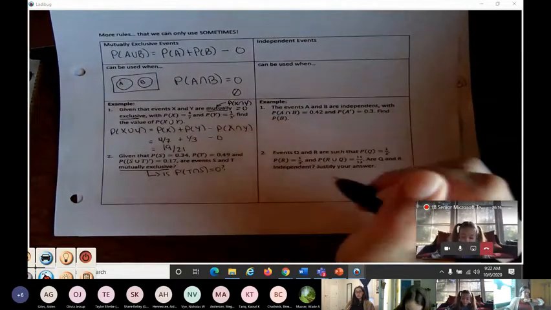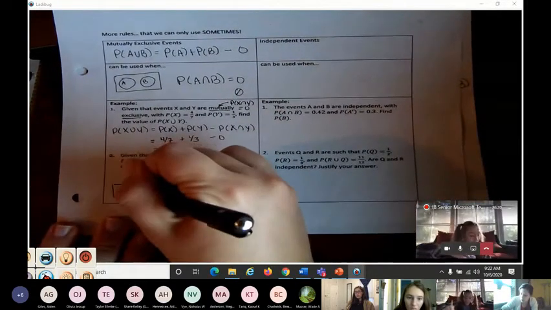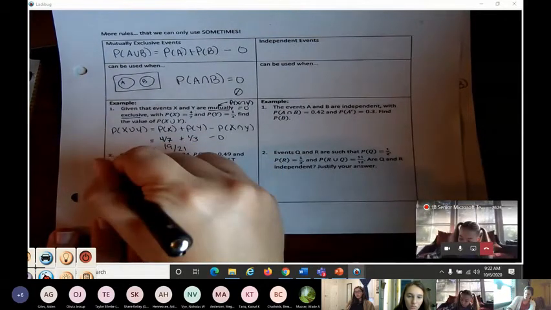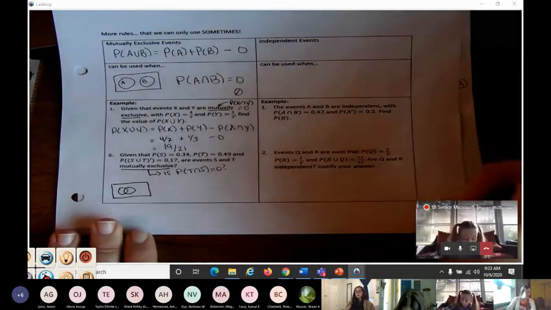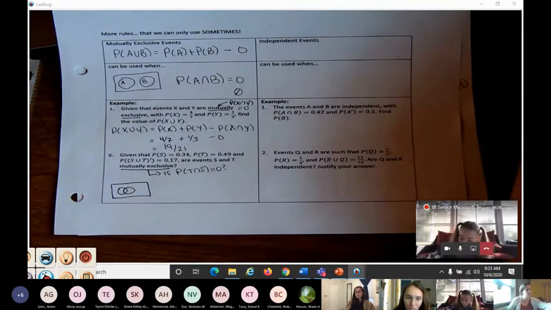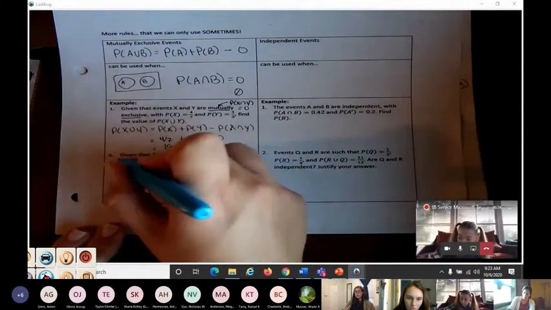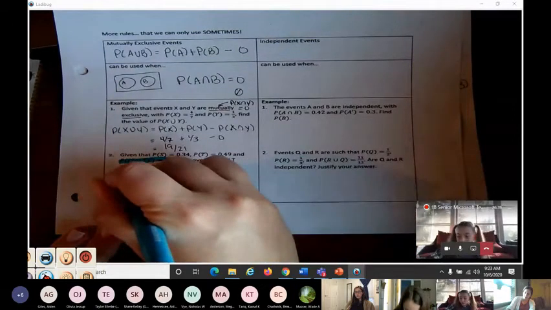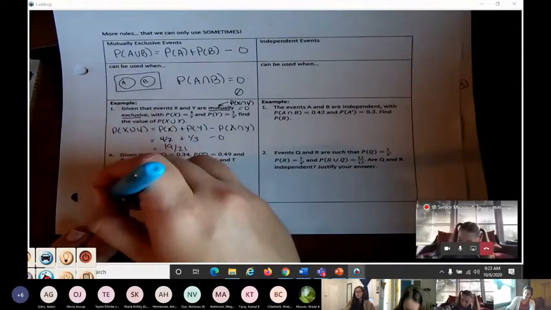I think it would be helpful to draw out a little Venn diagram here. Of our 2 events, we know that the complement of the union is 0.17. The complement of the union is going to be everything outside of these pieces.